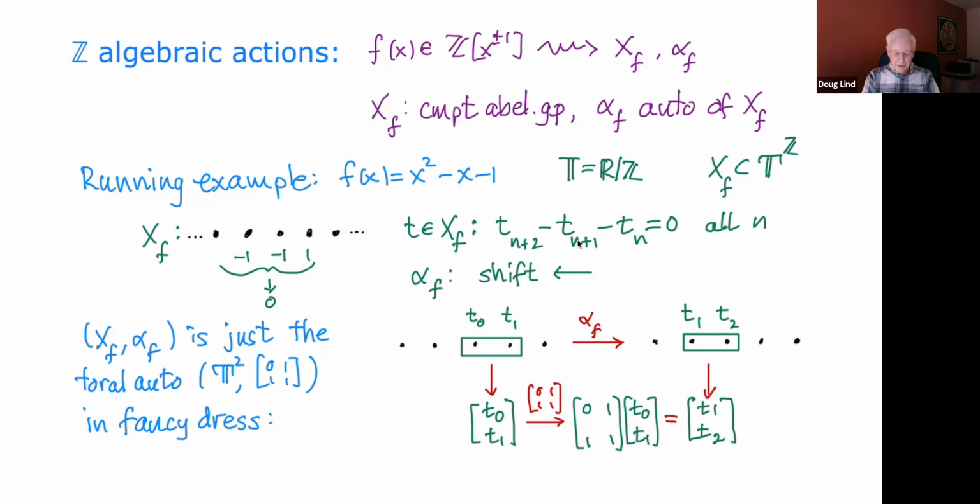And if I pluck off those two coordinates to get a point in T^2, and I look at what happens if I shift the point and do the same thing, well, that's just this matrix acting on t_0 and t_1, because t_2 is t_1 plus t_0. And so this is a way to show that this particular example is just a toral automorphism.